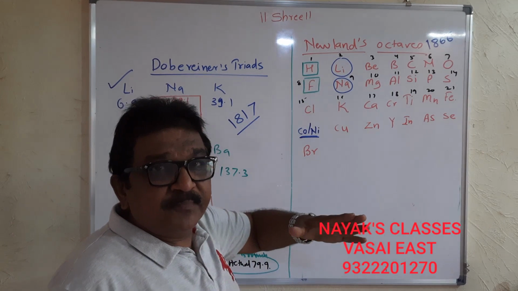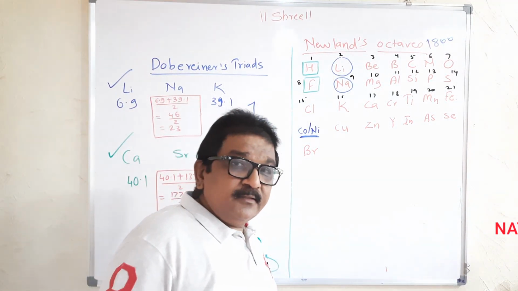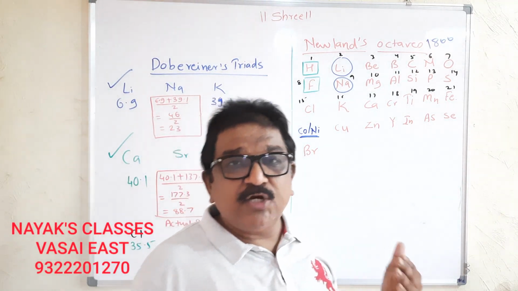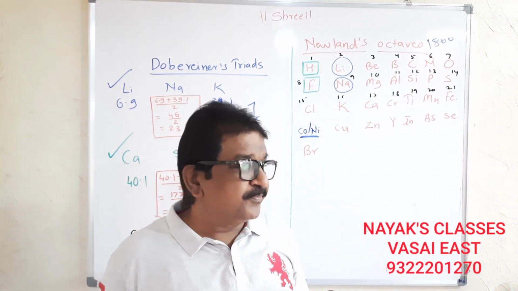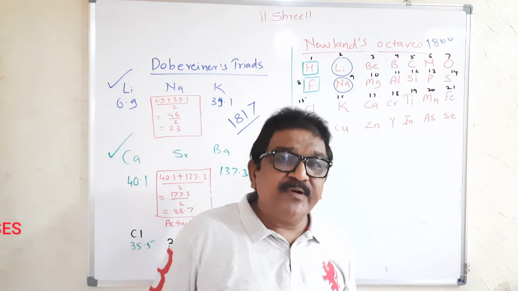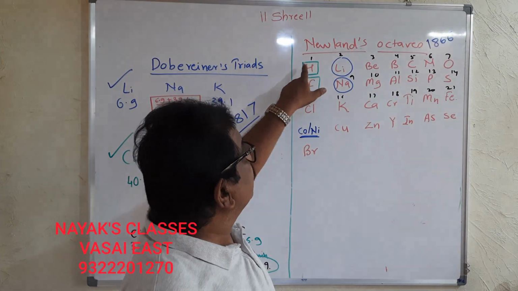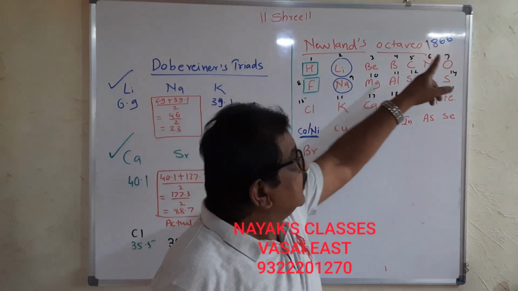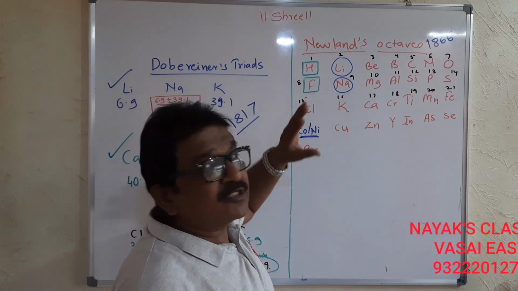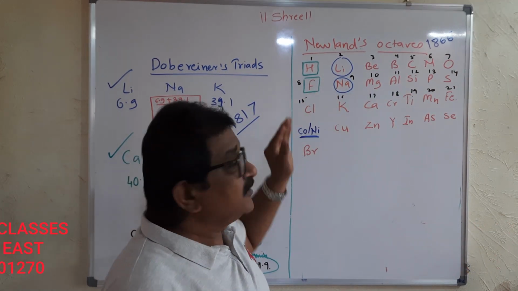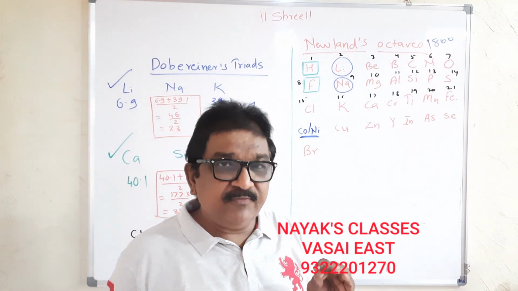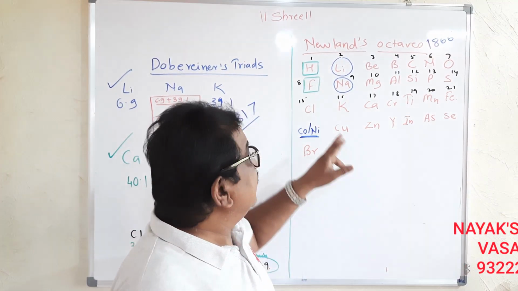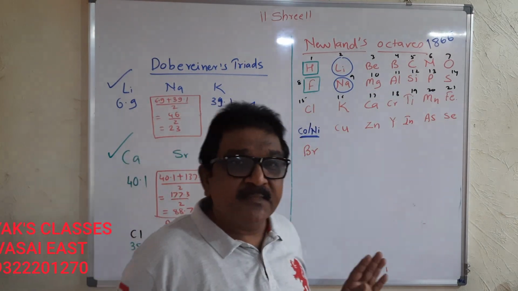Newlands arranged the elements in the increasing order of their atomic masses, and then he saw that the properties of the first element in the group, not exactly the same, but similar properties, are shown by the 8th element.